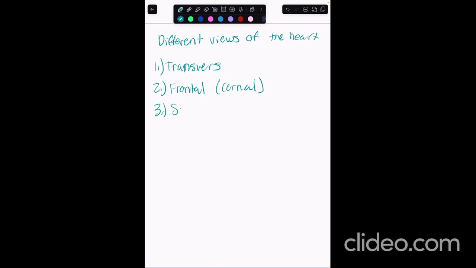And sagittal. Transverse allows us to see the heart basically cut in half. Frontal gives us just the front view of the heart, so we can see how it flows through, like how you see all your pictures of hearts. And then sagittal, we can see it from the side.